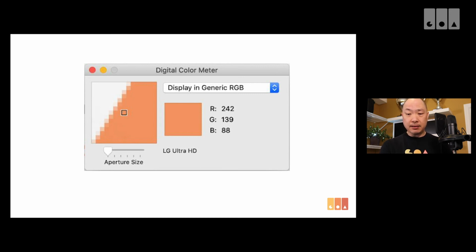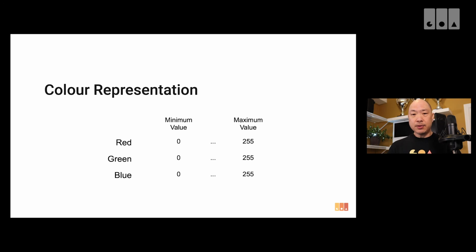So what does that mean? In the computer, we represent the red, green, and blue values on a scale from 0 to 255. 255 is the maximum value, and 0 is the minimum value. Remember I showed you the hexadecimal FF earlier? That value is 255.